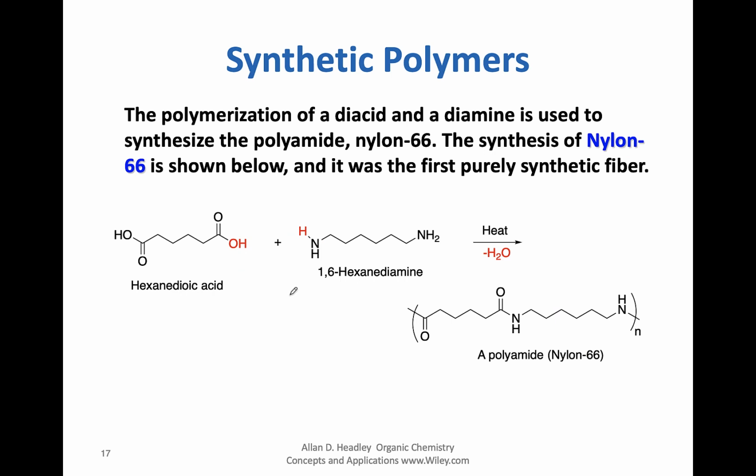And let's look at another one here. So you can see here we have a carboxylic acid again. Notice a diacid, and another one here which is a diamine. So we have an amine reacting with an acid in the presence of heat. Same type of reaction as we've seen before. Water comes off, as shown here, and this nitrogen bonds to that carbonyl carbon, and we have that bond right here.